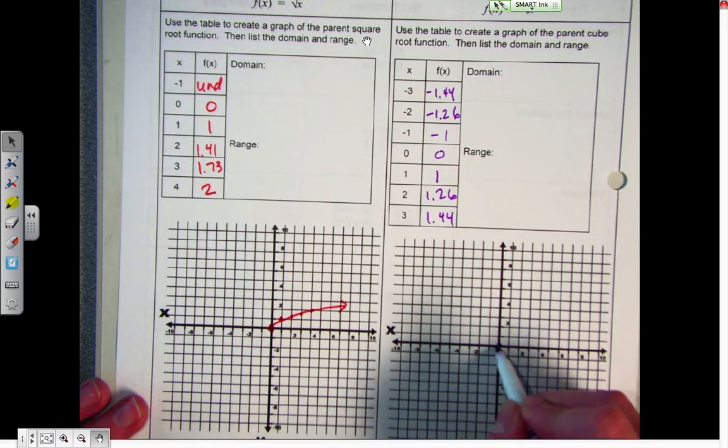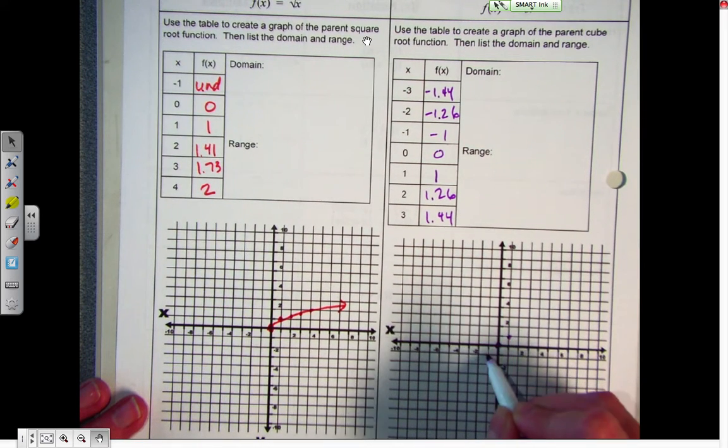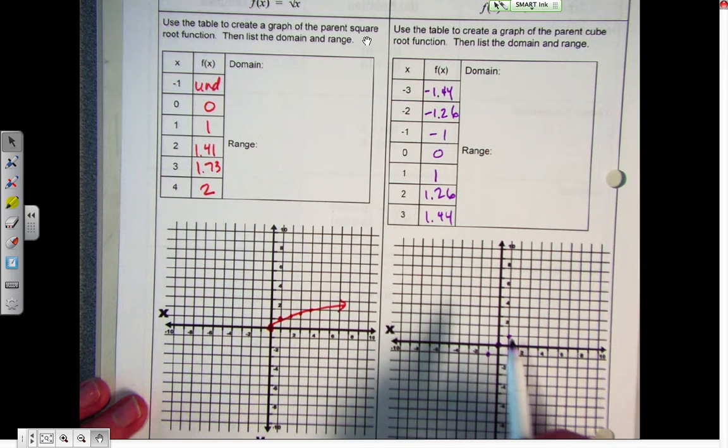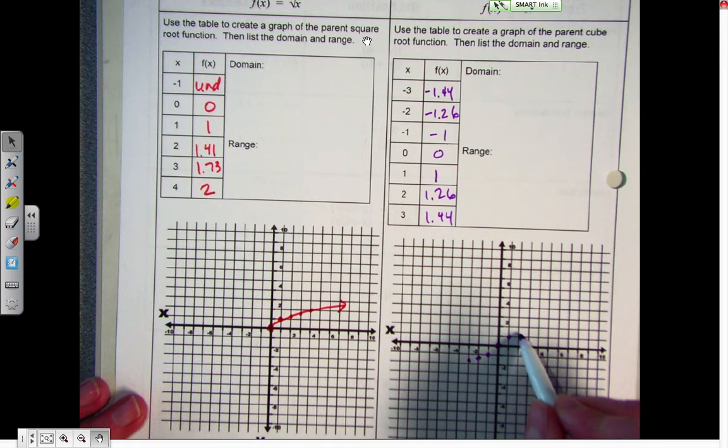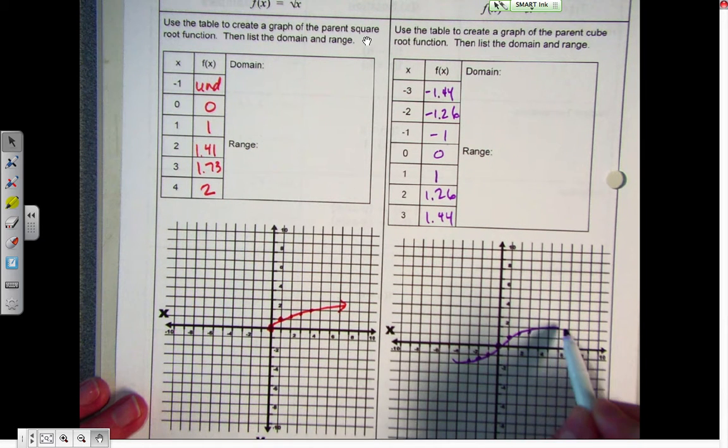We know it's 0, 0, 1 and 1, -1 and -1. So -3 and -1.44. And then 2, 1.26, and 3, 1.44. So it looks something like this.